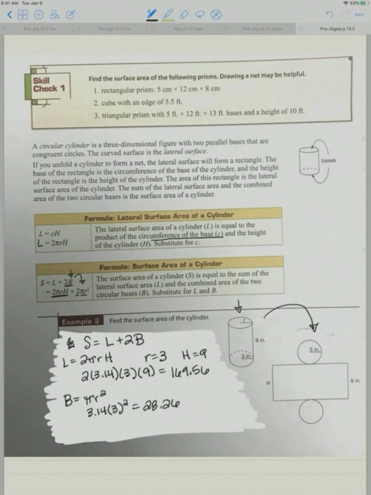Now plug all of that into my big S formula, big L plus 2 times big B. So that is 169.56 plus 2 times 28.26.